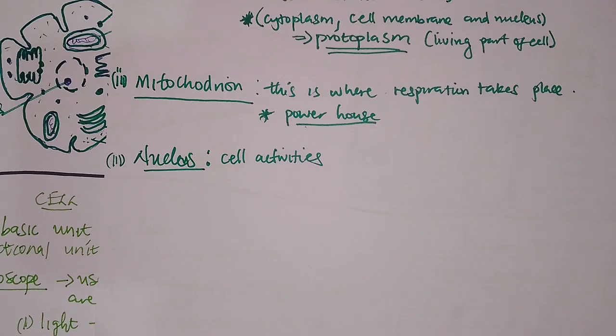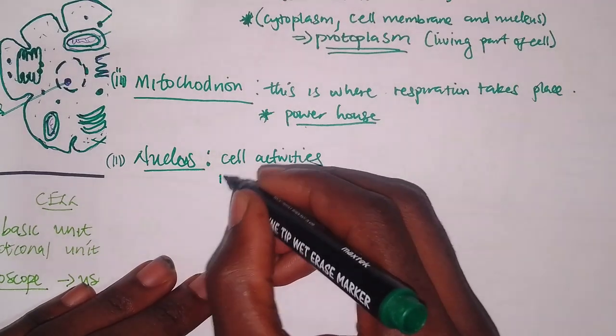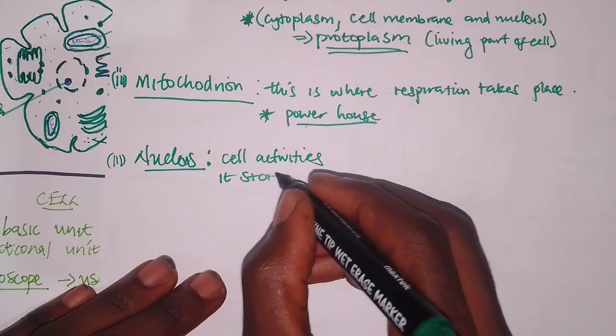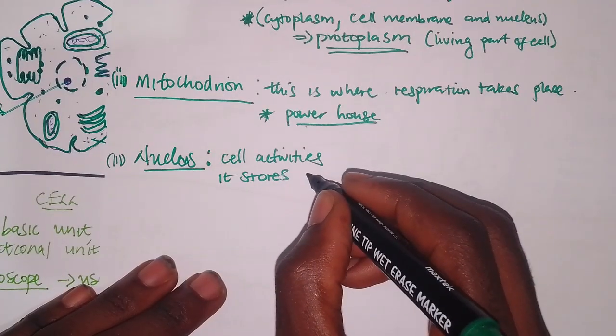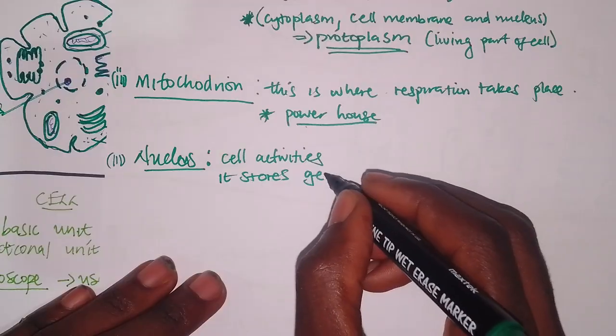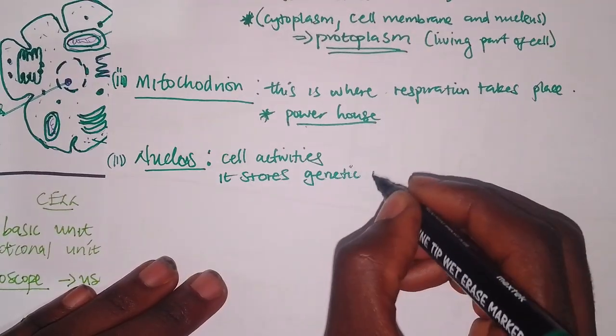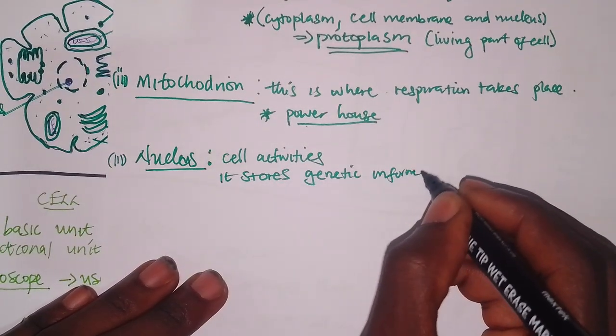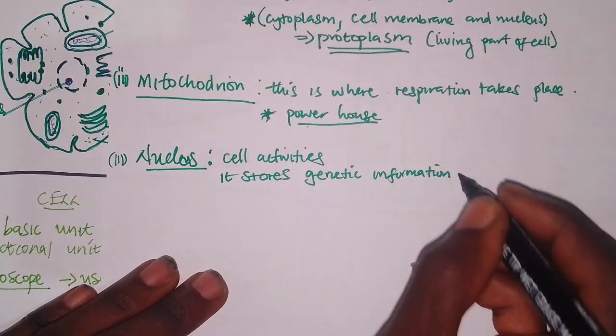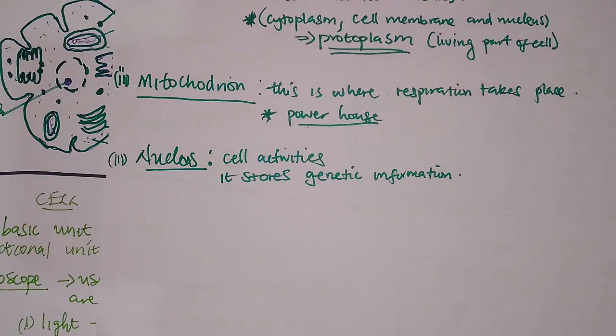Then the second function is it stores genetic information. So these are the two functions of the nucleus. The first one is it controls cell activities. Then the second one is it stores genetic information.